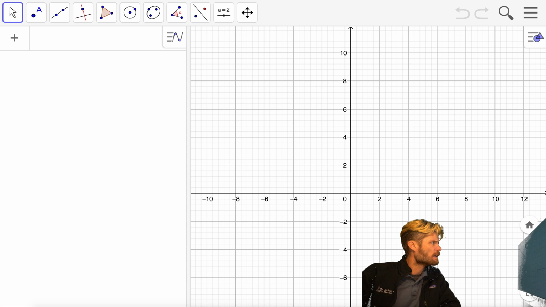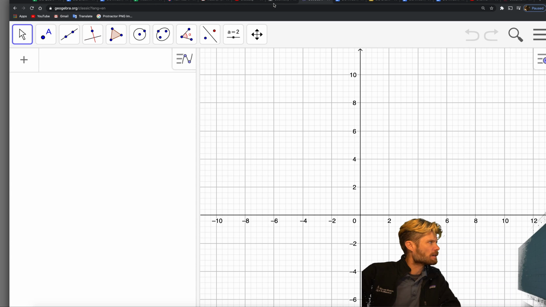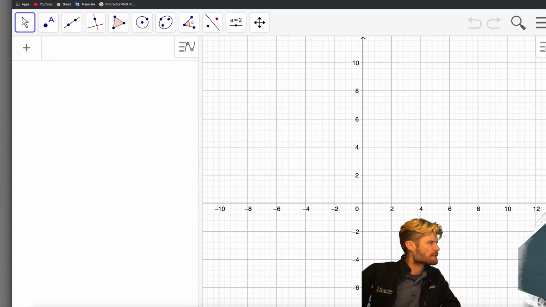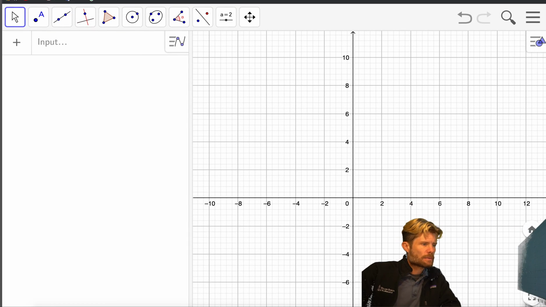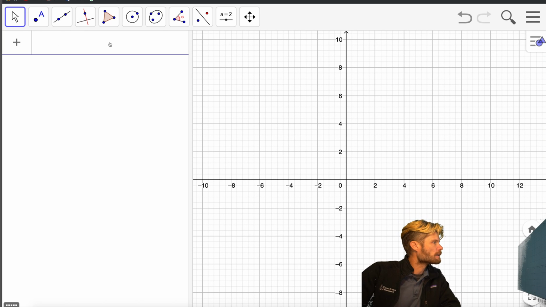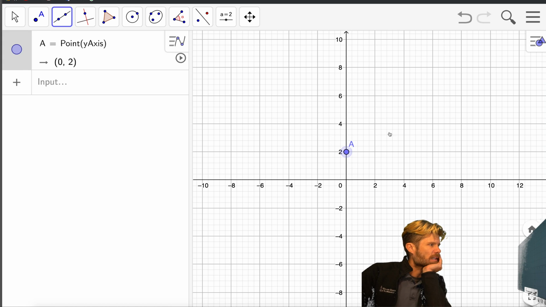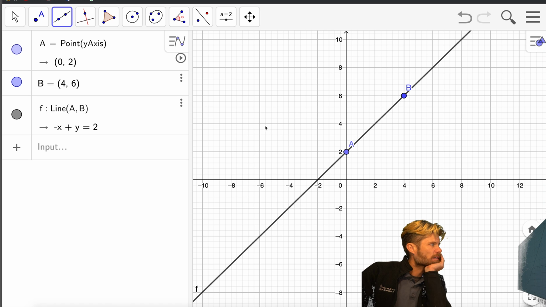Well, let's take a look at this site called geogebra.org. This is the classic version, what I like to use. We are going to input, let's see, what are we going to do? How about we just make a line here?